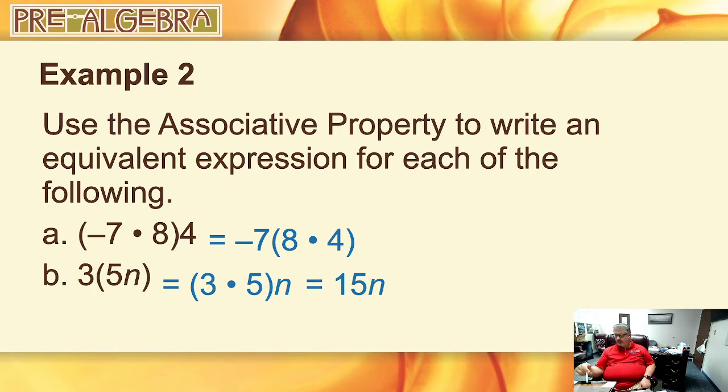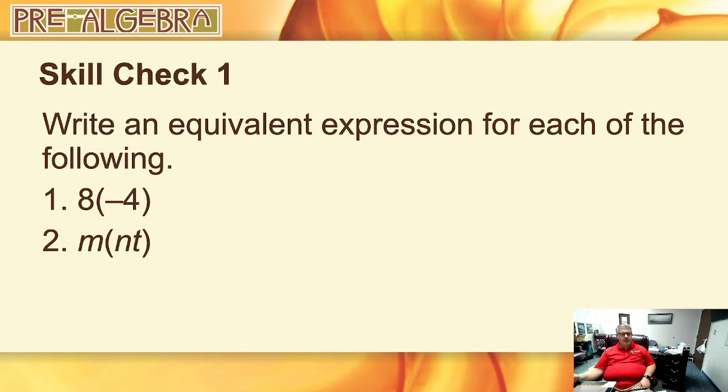All right, so here's some skill check. You're going to write an equivalent expression for these 2 things. We'll do this on the board here. You can feel free to stop it if you want to try it. Both of these. You have 8 times, in parentheses, negative 4. The equivalent expression here might be negative 4 times 8.